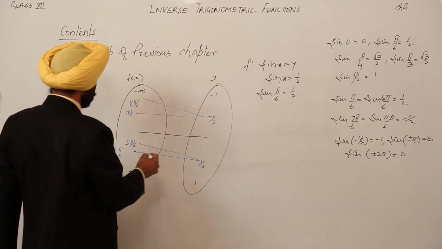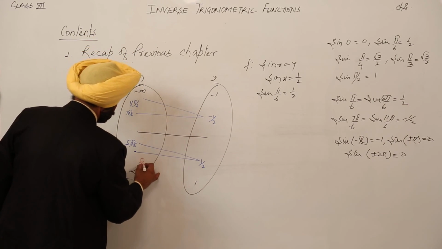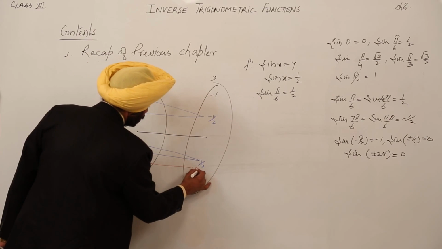For example, sin pi by 3 is root 3 by 2.